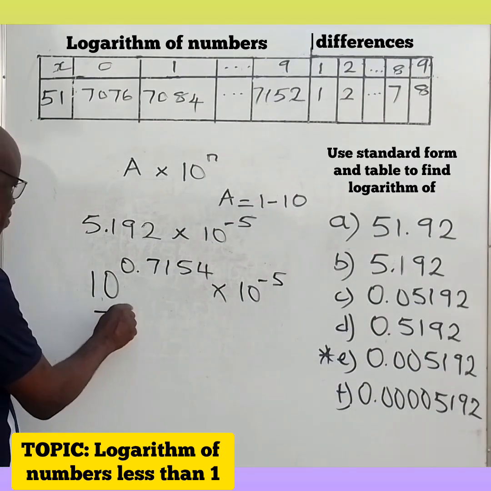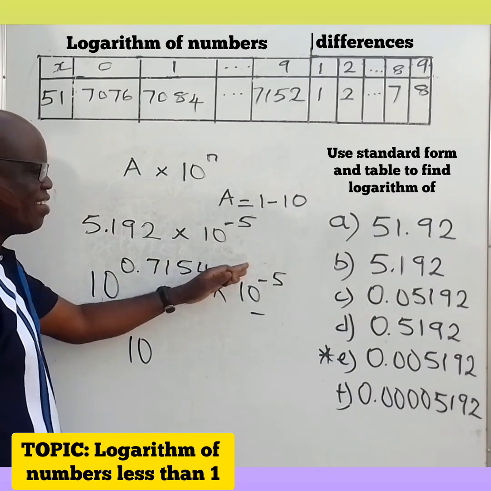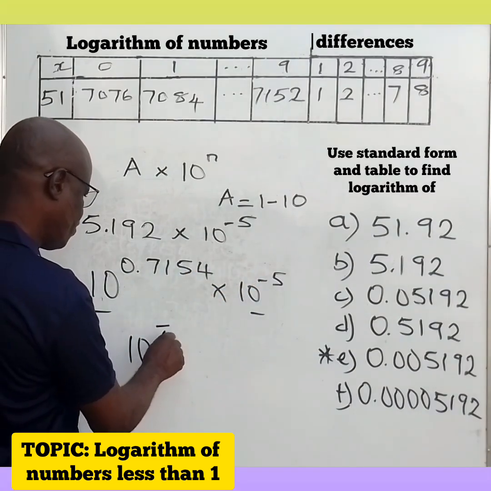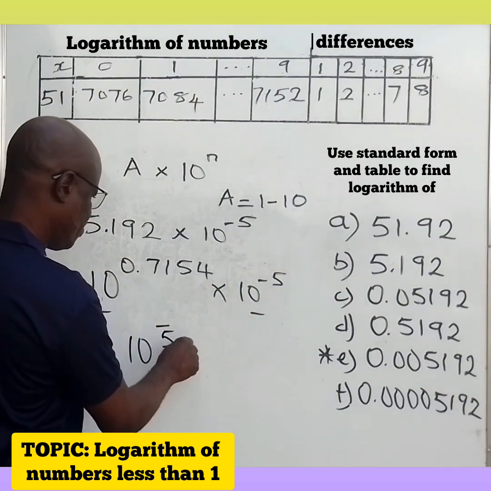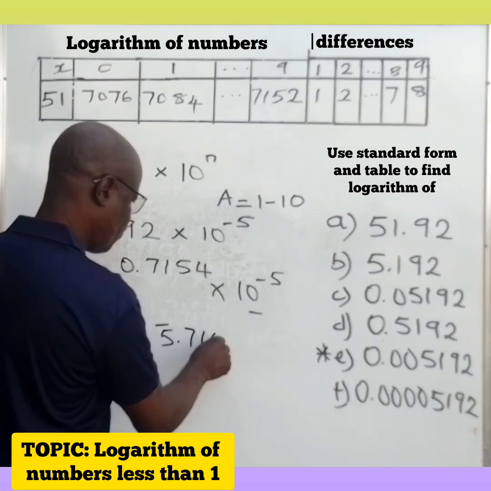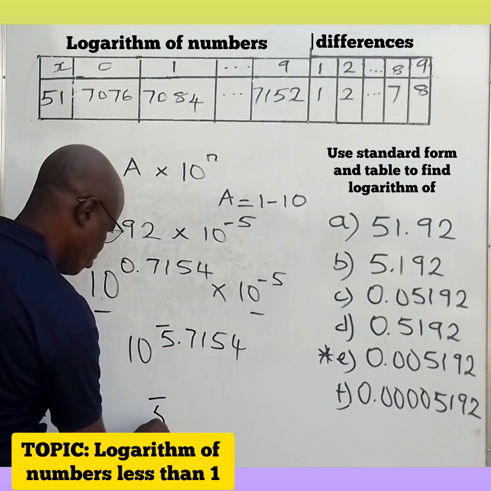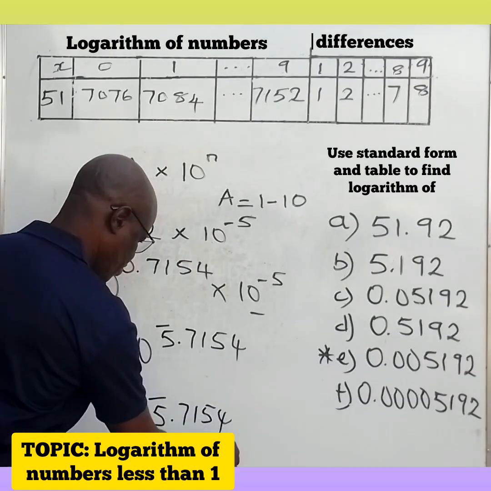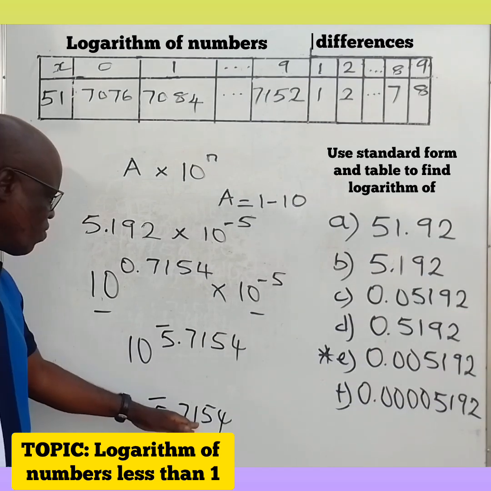Now, this is the same base here, so you can add this and this. That will become bar 5. If you add this to 0, bar 5, then 0.7154. So this is what we are looking for. So we have bar 5.7154.